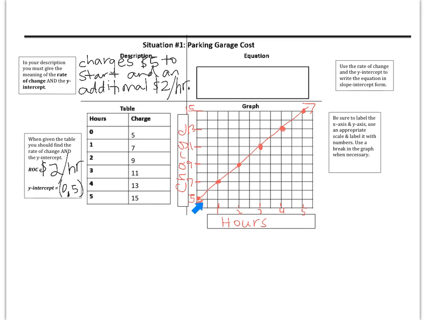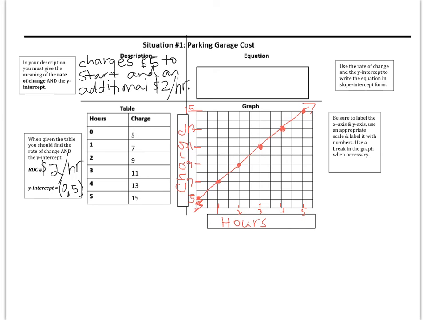So let's put a break in the graph, start at 0, 5 right here, and then now I'm counting by 1s. Anytime you do that, you have to put a break in the graph. If you wanted to, you could have counted by 2s, or 4s. That's another option, and then you would have just had to estimate where your points go. Notice I separated my hours here.